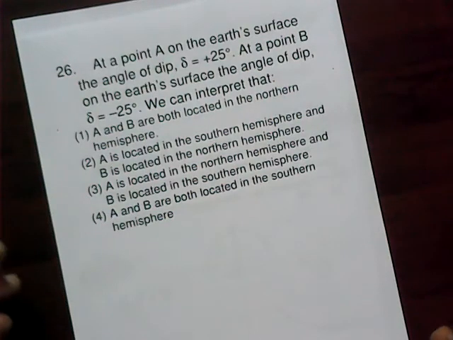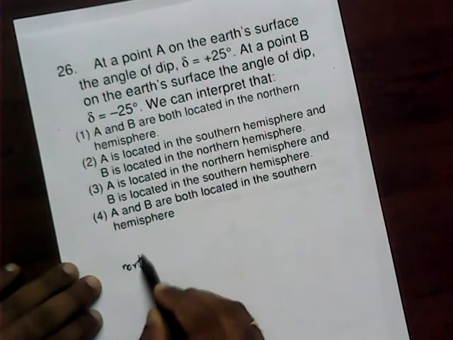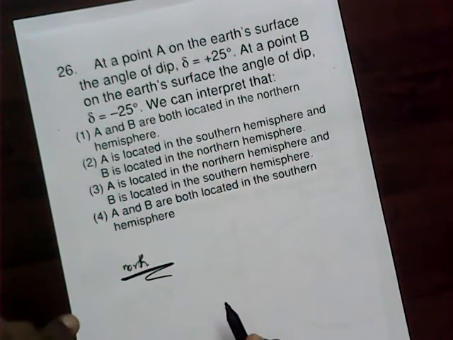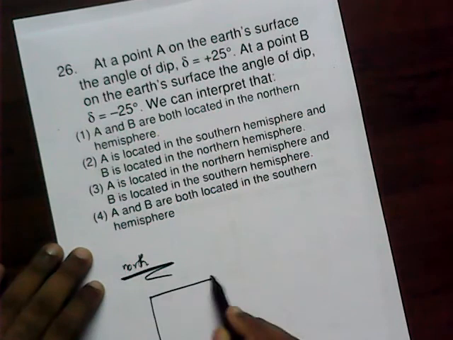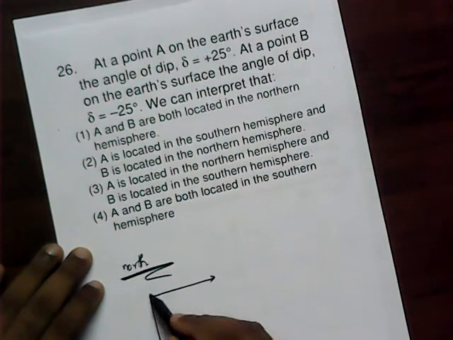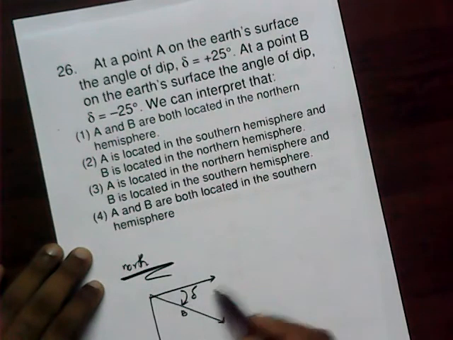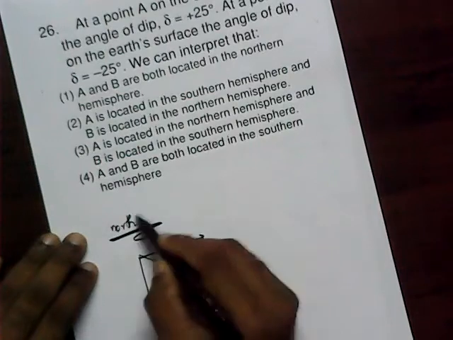And hence what happens is this. See, if you just consider the northern hemisphere, you know, the dip is nothing but the angle made by the total field with respect to the horizontal. And keep in mind, the total field in the magnetic meridian makes an angle delta with respect to the horizontal, and this is treated as the plus value. That is in the northern hemisphere.